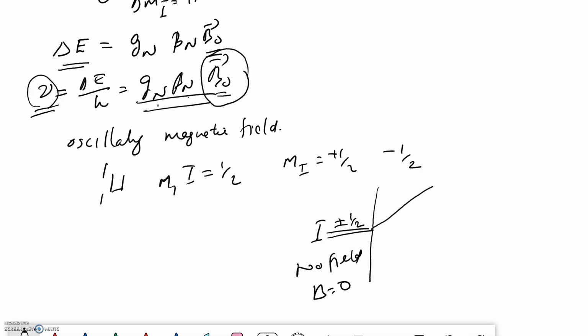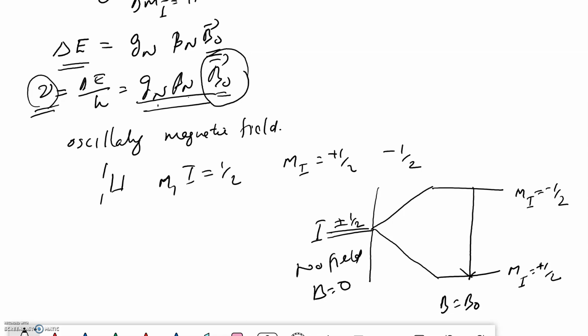But in the presence of an applied magnetic field, these levels split. When B is equal to B0, mi equal to plus half has lower energy and mi equal to minus half has higher energy, and the difference between these energy levels is equal to Gn beta n into B0.